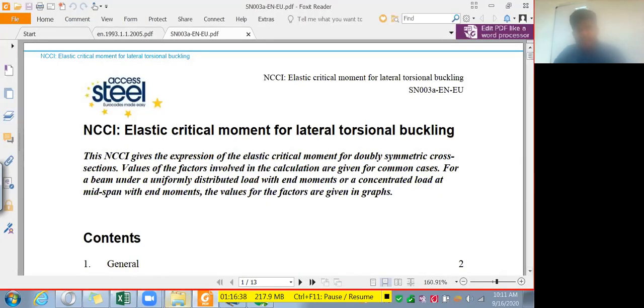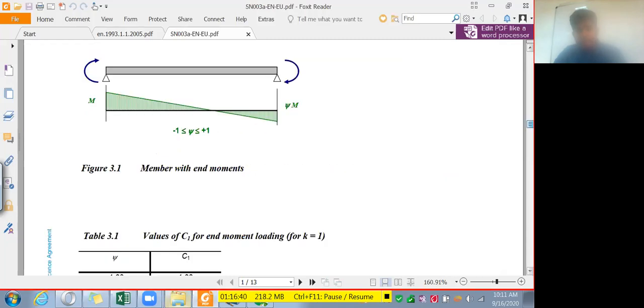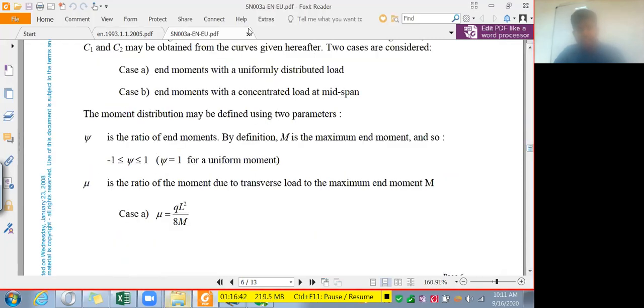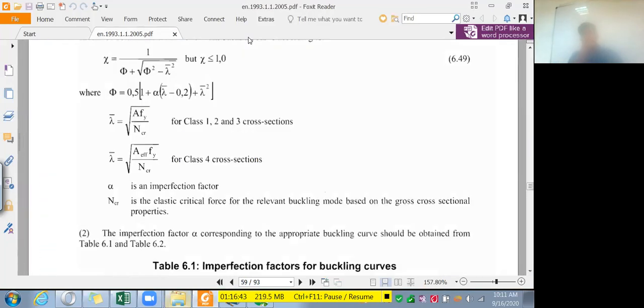Here we have the critical buckling load. The critical buckling load is from the buckling of struts that you might have learned. From the buckling of struts, you can obtain NCR. Once you obtain NCR, you can get lambda bar.